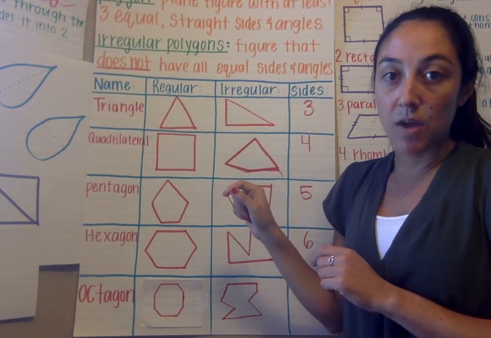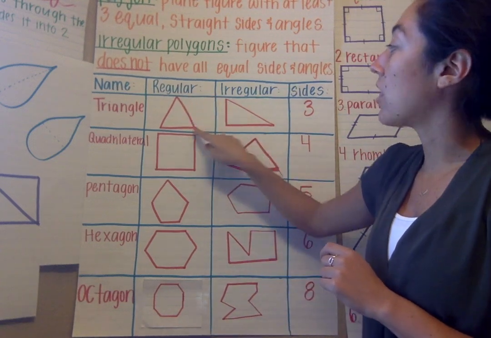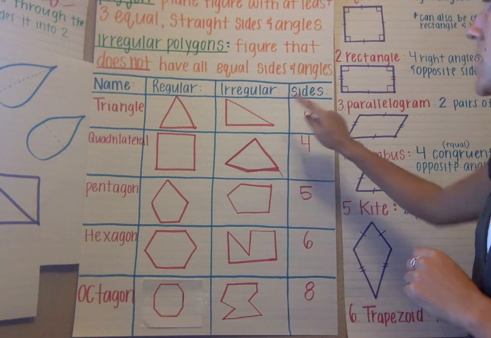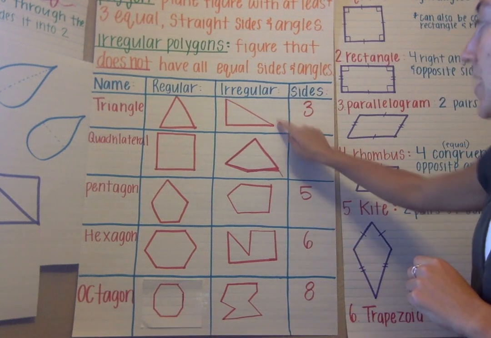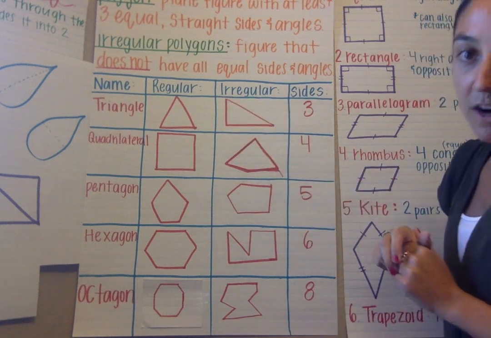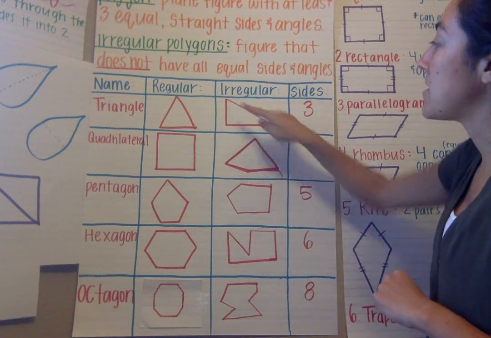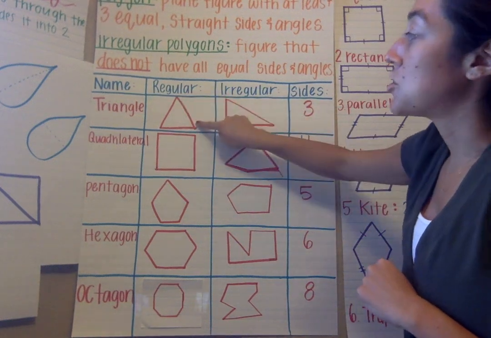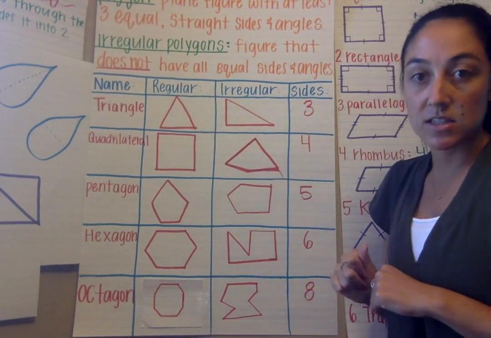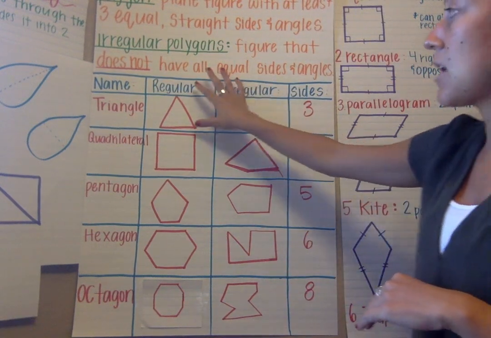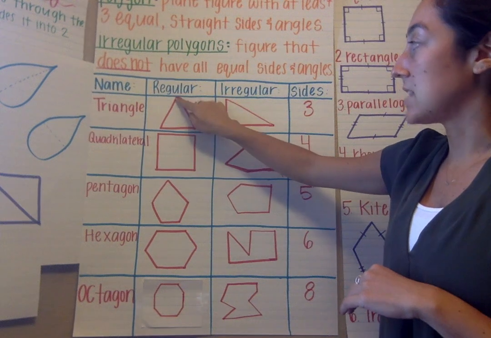So if I was to take my ruler and measure all of these sides, they would be the same. This is an irregular triangle because if I was to take my ruler and measure these sides, they would be different numbers. Okay, so maybe this is 6 inches and this is 3 inches, whereas each one of these is 3 inches. So the difference between regular and irregular is that regular, all equal sides.